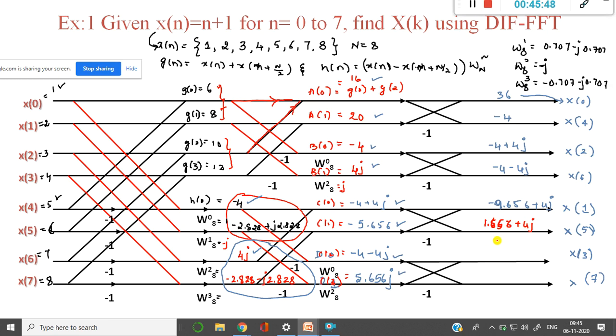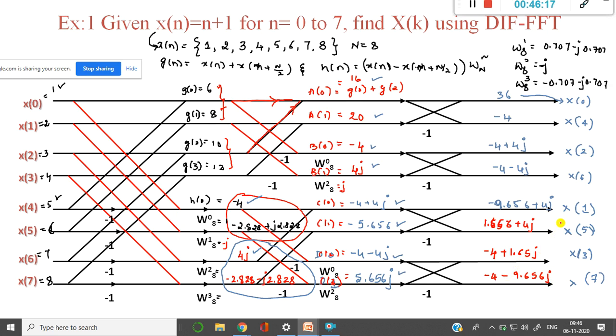X of 3 value: minus 4 plus 1.656j. Then the last value, x of 7: minus 4 minus 9.656j.